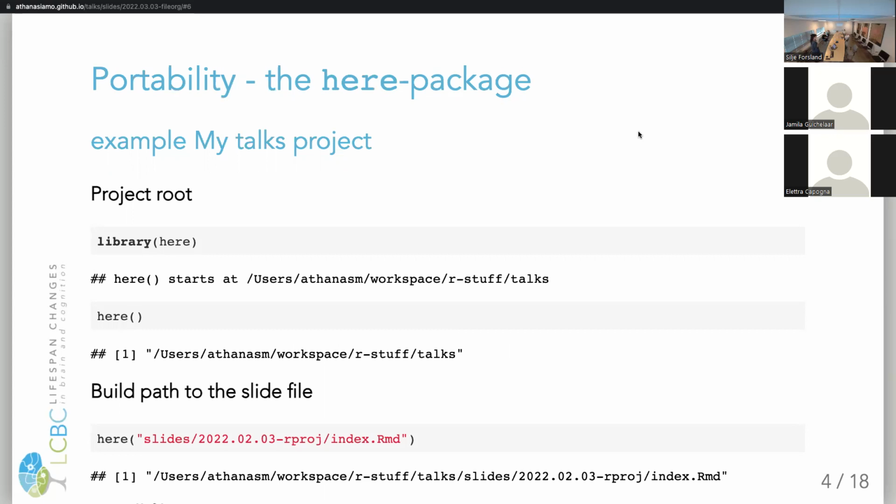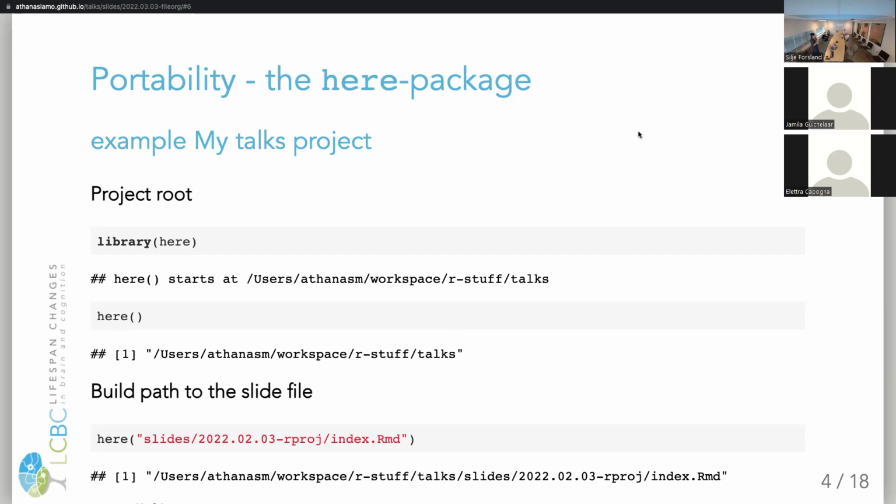And today we're going to show a little bit the difference between using here inside a project and not using here inside a project, and what the differences can be more clearly, because I think last time it was still a bit vague why here is so clever, but we will see why today.